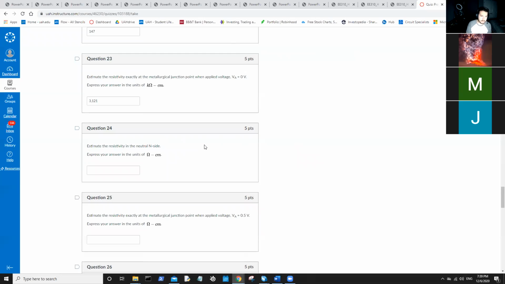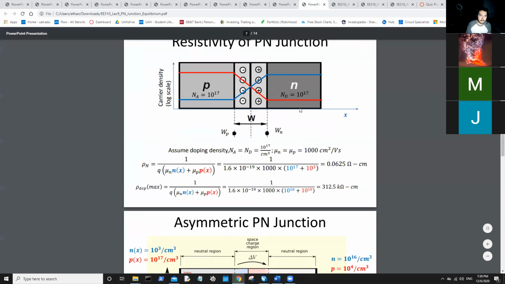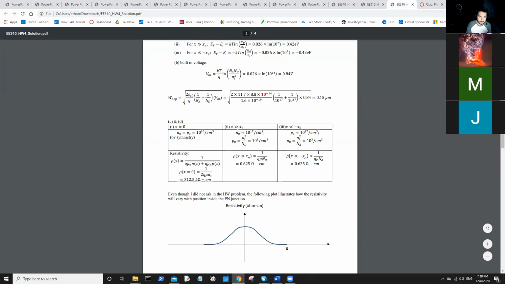So using the law of the junction and this figure, in the neutral n side, the majority carrier, it's actually the same number here as it is in the quiz, is 10 to the 17th. This is a minority, so it's not to be considered. So in this instance, the modified equation we use is right here: 1 over q mu times Nd, the majority carrier in the n side.